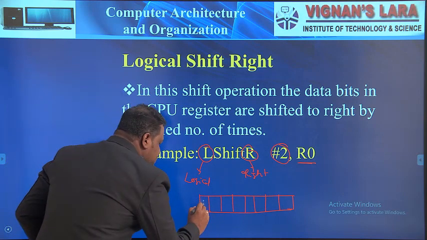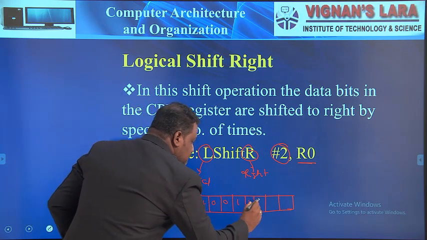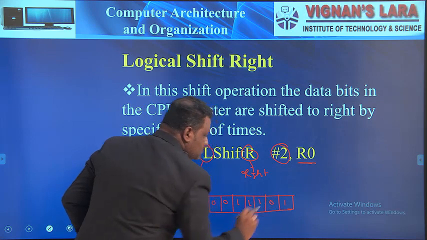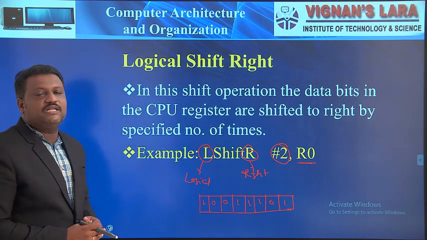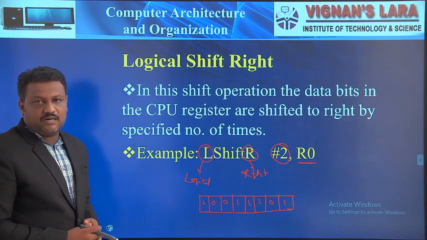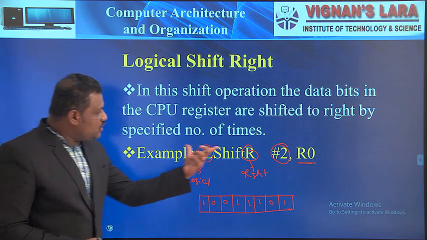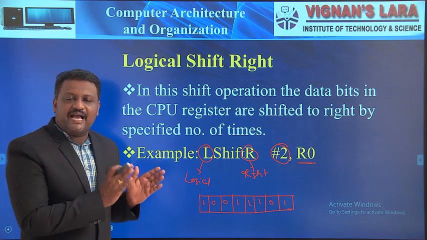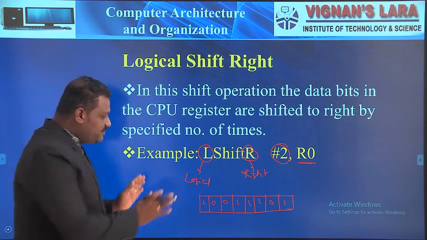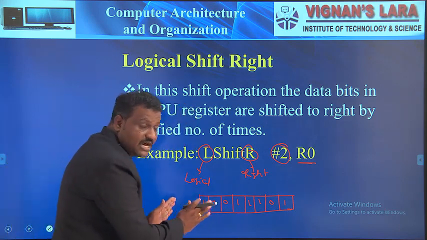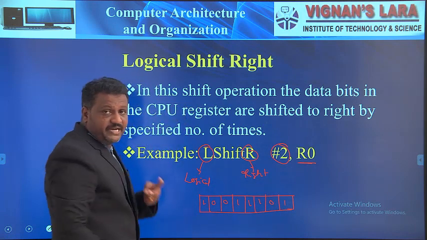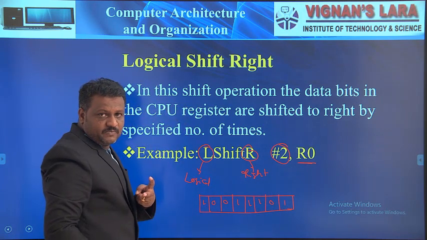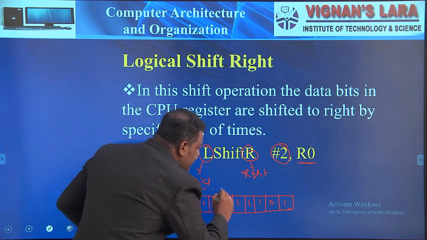Initially the R0 value is 10111010, the value that was present in register R0. In the execution of this instruction, LShiftR #2, R0, the content of register R0 is shifted to the right side by 2 times. The bits move in this direction.